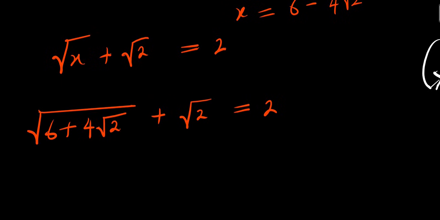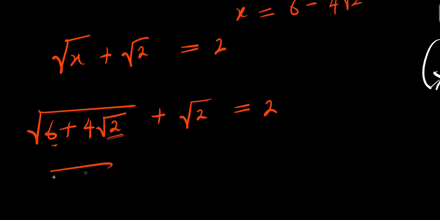So from here, root 2 is about 1.4 or so. So if you multiply by 4, this will give you a number greater than 5. So this plus that will give you a number above 11.